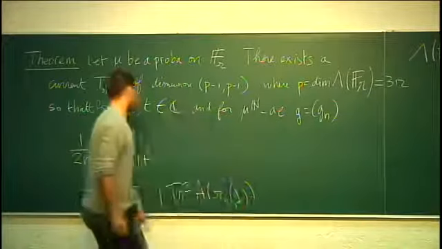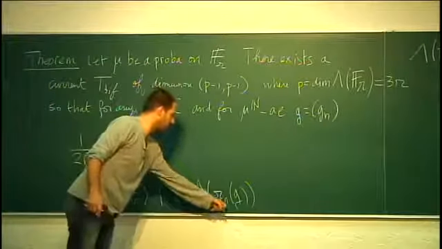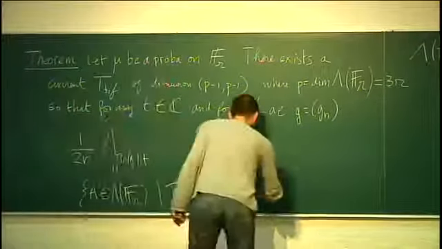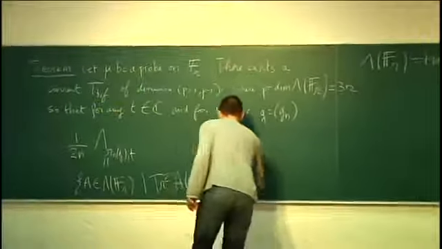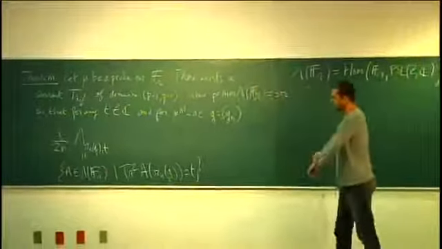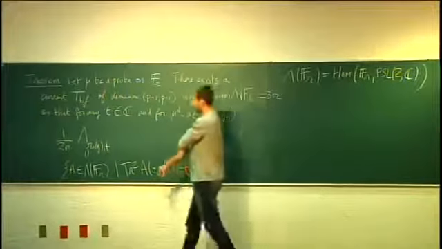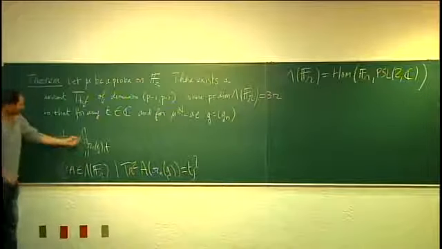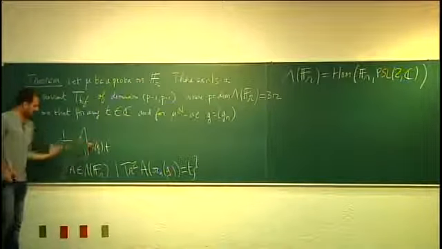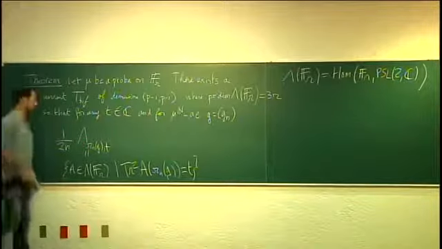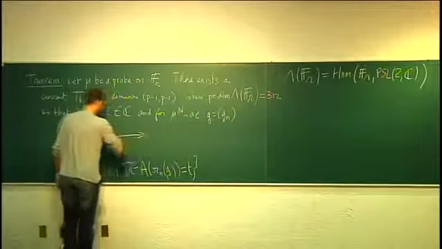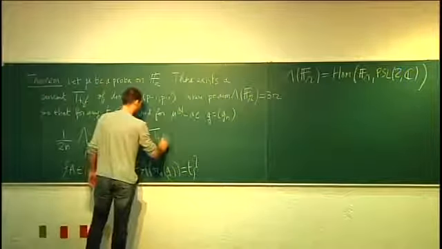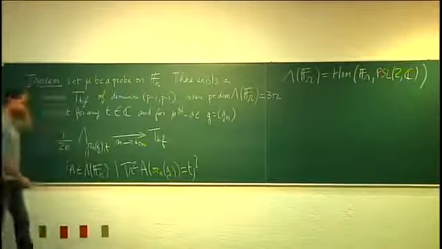So you take the image by this representation of the random word that you have of length n, and you want the trace to be equal to T. Okay, so this is a codimension one submanifold. And if you consider this divisor, you divide by 2n, and in the sense of currents, it converges towards the bifurcation current.